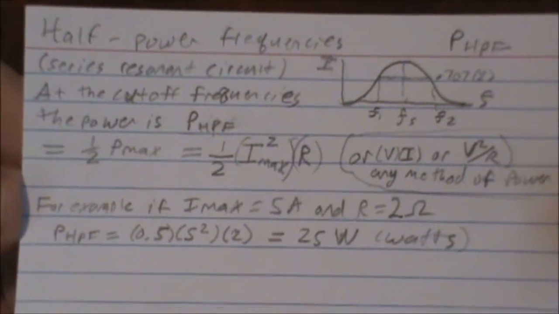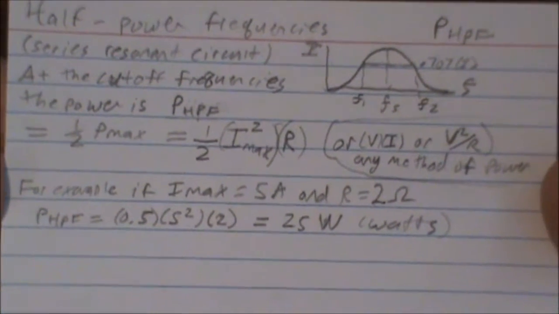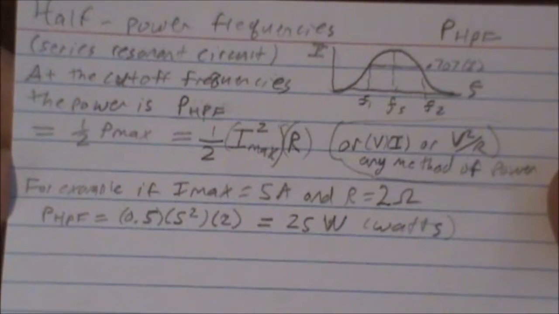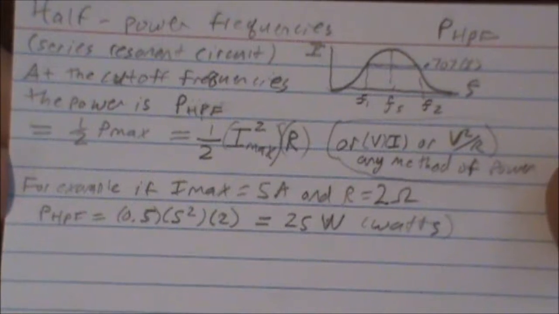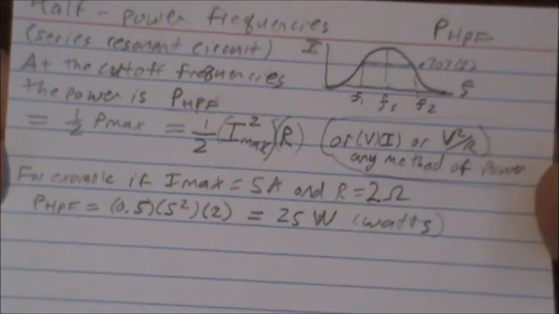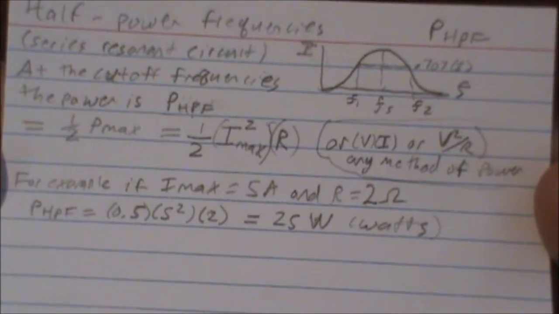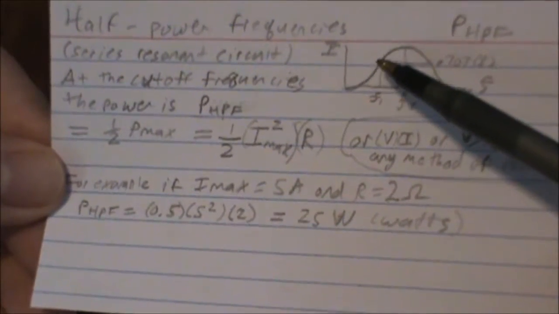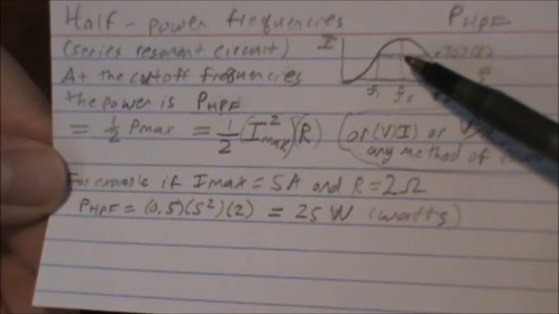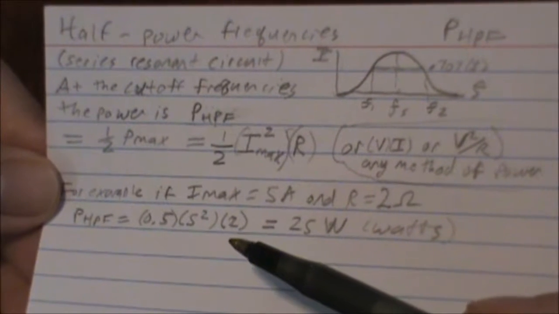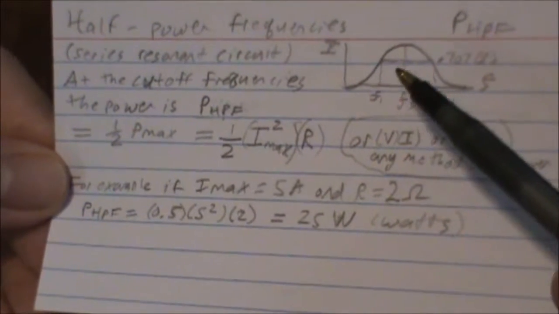For example, if your max current is 5 amps and your resistance is 2 ohms in your coil, then the power at the half power frequencies F1 and F2 is exactly going to be, say, 5 squared times 2, which is 25 watts.